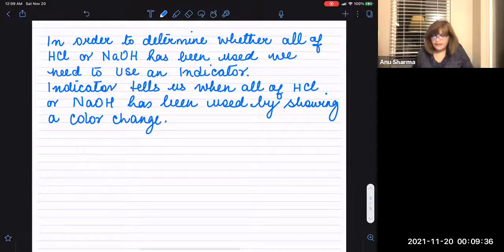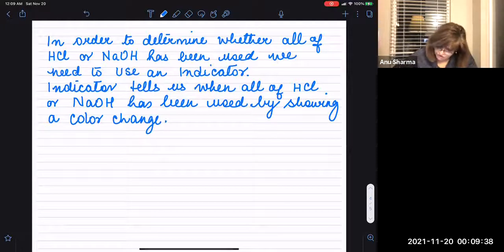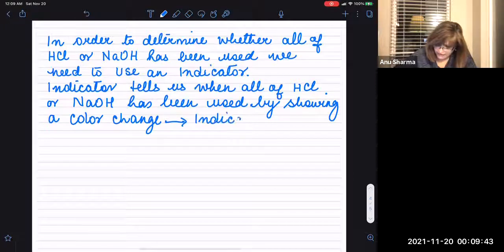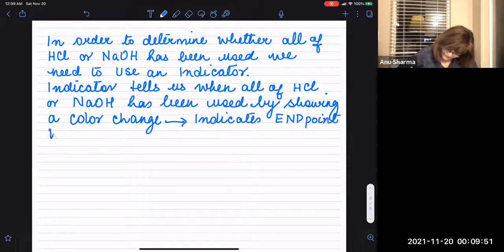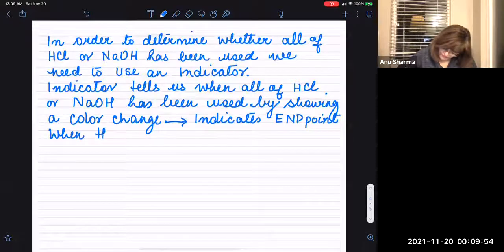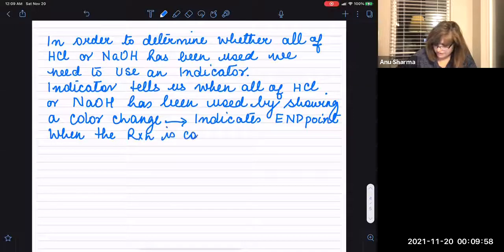Okay. And that color change indicates the endpoint. Endpoint. What is endpoint? Endpoint is when the reaction is complete.